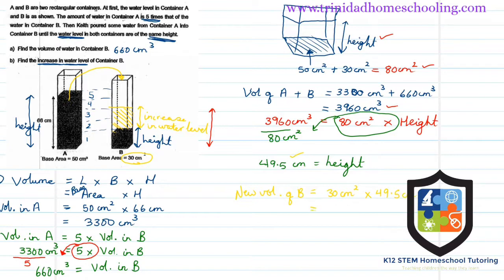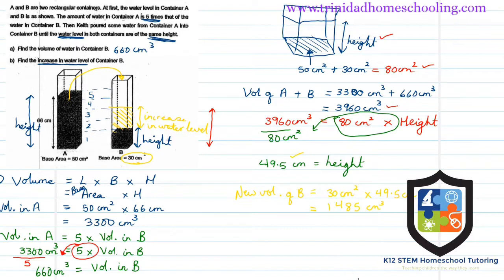So the new volume of water in B is 1485 centimeters cubed. Now we are finding the volume to help us find the difference in heights.